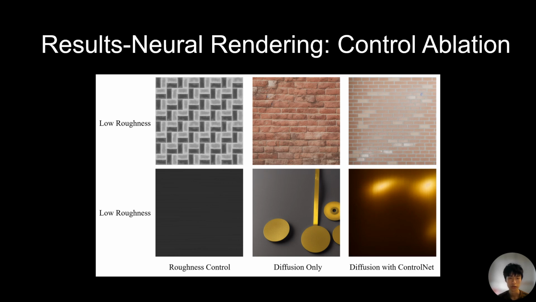We can see that after applying this roughness map with low roughness onto the brick, it is formed with a more regular shape and presents a similar pattern to the input roughness map. Similarly, after applying a low roughness map onto the diffusion model, we can see that the output result is smoother and less rough.